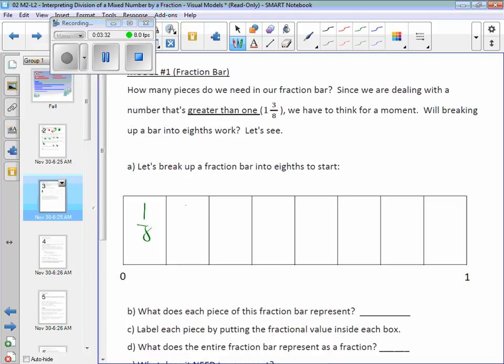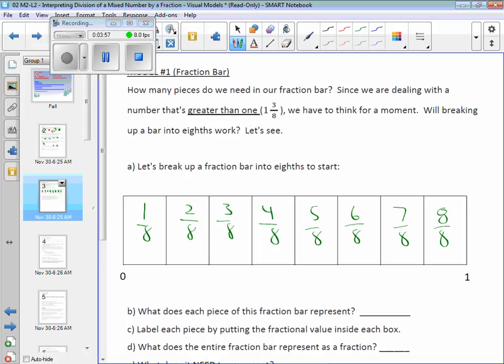Do we have enough? Is there enough boxes? Yes or no? There is not enough boxes because, remember, we have to shade 11/8.